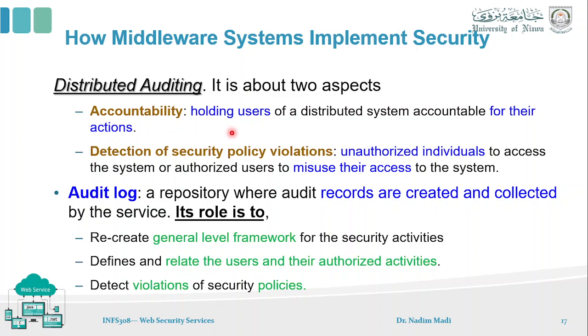Accountability is about holding users responsible for their own actions. Whoever is doing a specific action in a scenario, that particular component should be responsible for that, and should admit that the action has been done by it, being a client, a server, or a middleware.